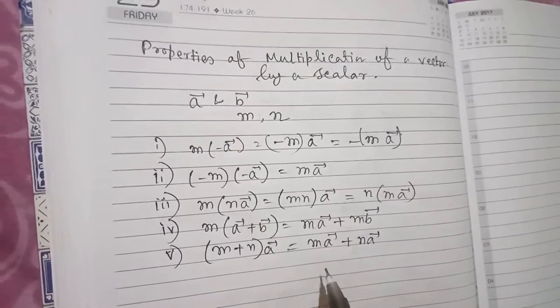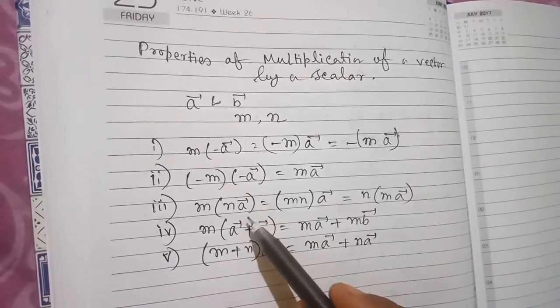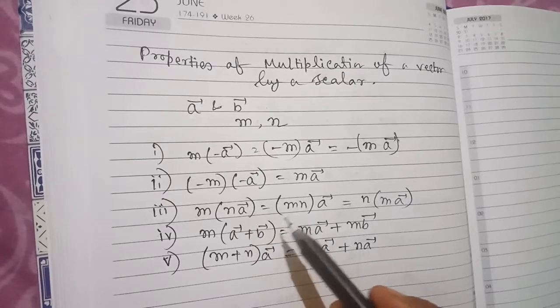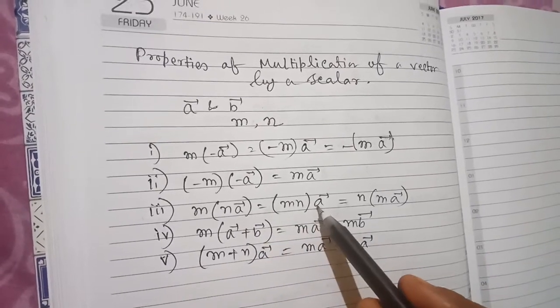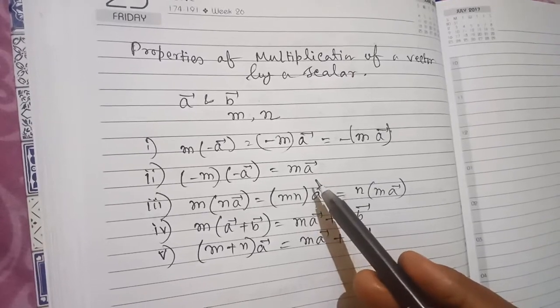Now one thing I want to tell you students, that whenever you are doing any sum or theorem or property for vector algebra, make sure that you are putting the vector sign over there.